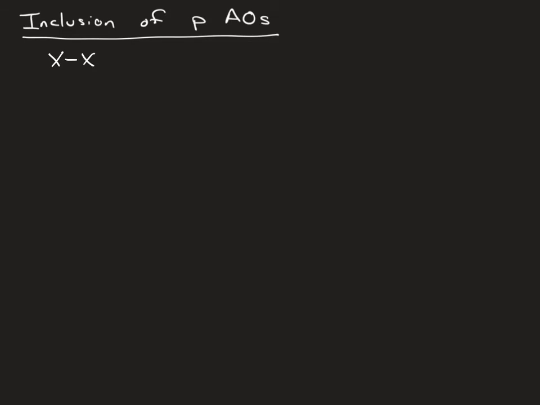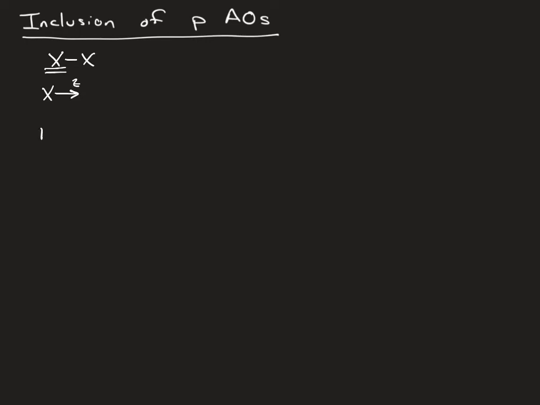By definition, when we're talking about the individual atomic orbitals, the z-axis will always be oriented along the bond. So here we can define the atomic z-axis for atom X in this X2 molecule as oriented along that way, and then the x and the y being perpendicular to that z-axis.